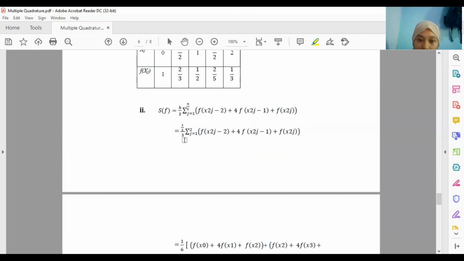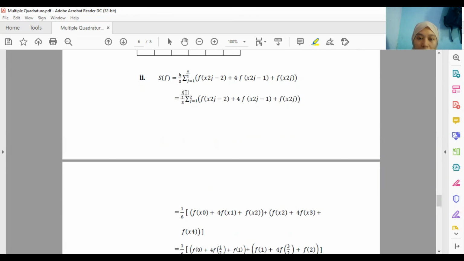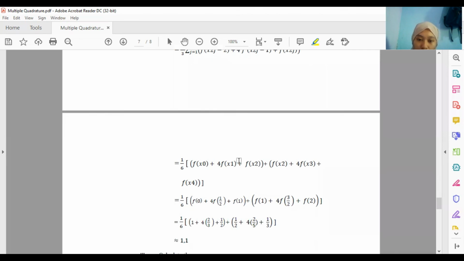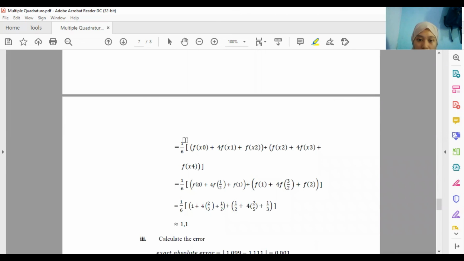So we have a half over 3 sigma (f(x_{2j-2}) plus 4 times f(x_{2j-1}) plus f(x_{2j})) for j is equal to 1 until 2, and then we got 1 over 6 times (f(x0) plus 4f(x1) plus f(x2) plus f(x2) plus 4f(x3) plus f(x4)).